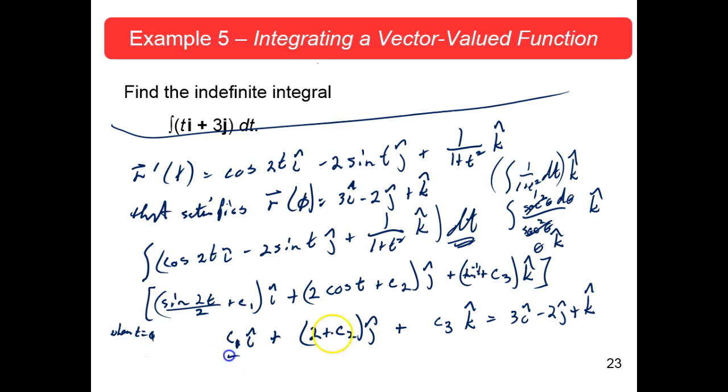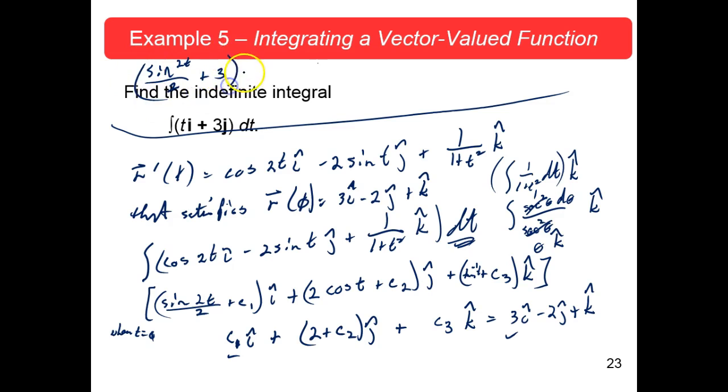So that makes the C1 to be 3. So we go back to our formula here, and our final answer is sine of 2t over 2. That 2t shouldn't be elevated. It just somehow got a plus 3, right? That was our C1.